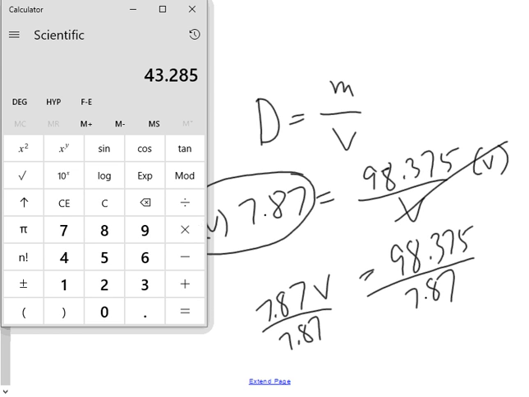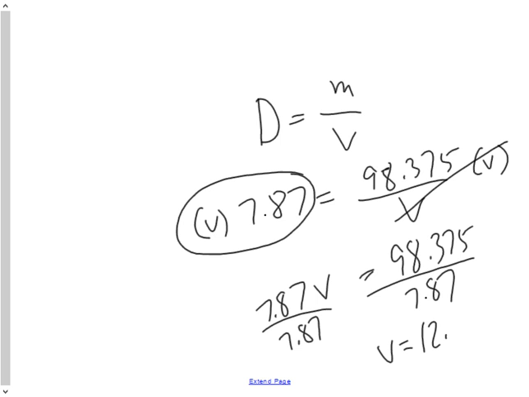And the volume will be 98.375 divided by 7.87, which is, the V will be 12.5. Now, since we're dealing with volume, you have to figure out what units it is. And if you go back to units, it's cubic centimeters. So the volume will be 12.5 cubic centimeters. Therefore, blah, blah, blah, 12.5 centimeters cubed.